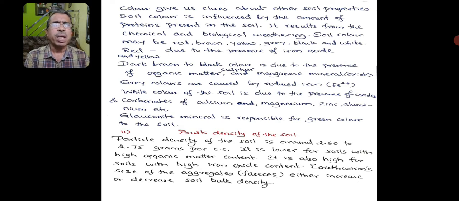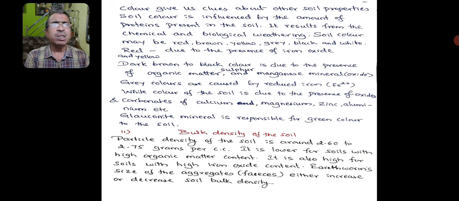Soil color may be red, brown, yellow, grey, black and even white. If the soil color is red to yellow, it is due to the presence of iron oxide. If it is dark brown to black in color, it is due to the presence of organic matter, sulfur and manganese minerals.